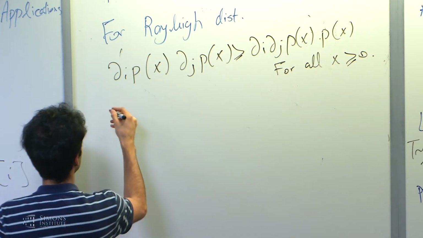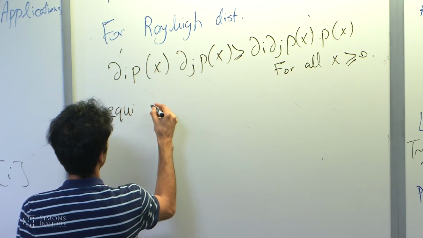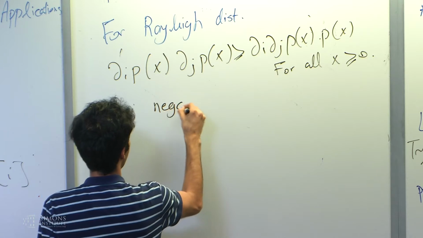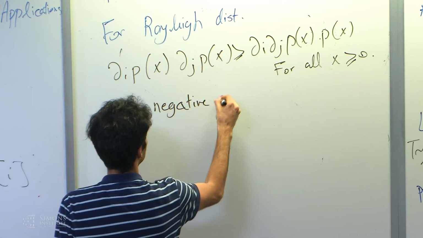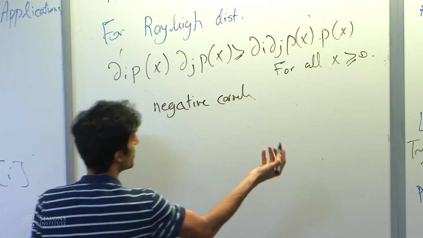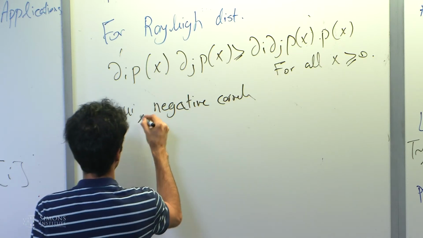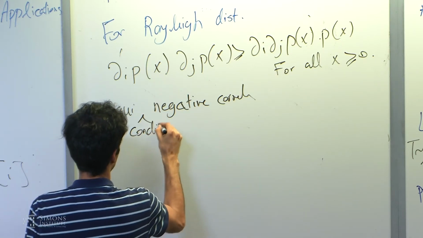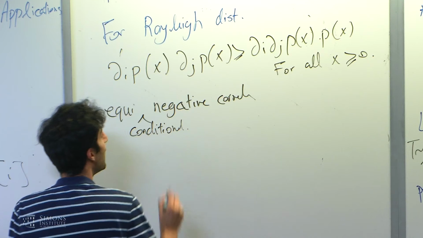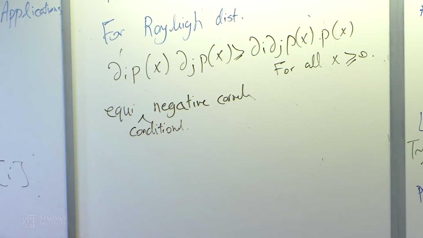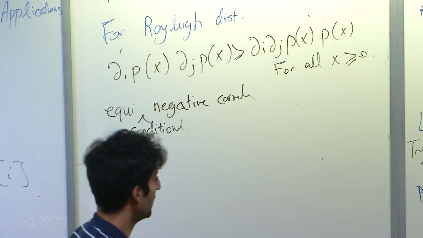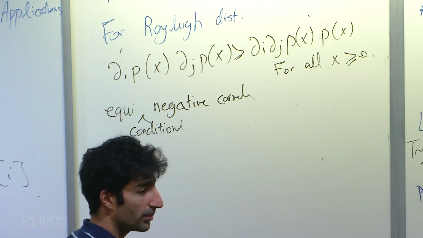And this is basically equivalent to negative correlation and some generalizations like conditional negative correlation. But now we have a stronger property that holds for every x in R to the n, and that's why we get a lot of other properties.